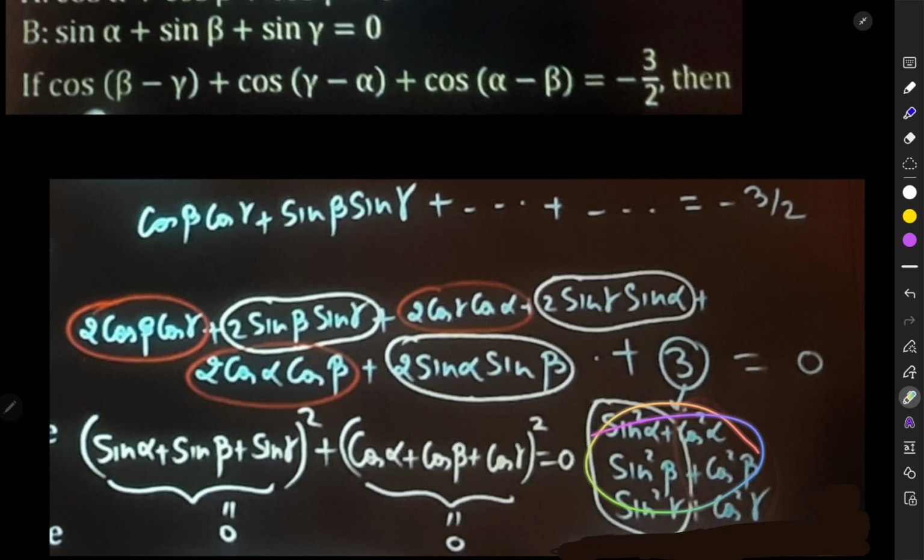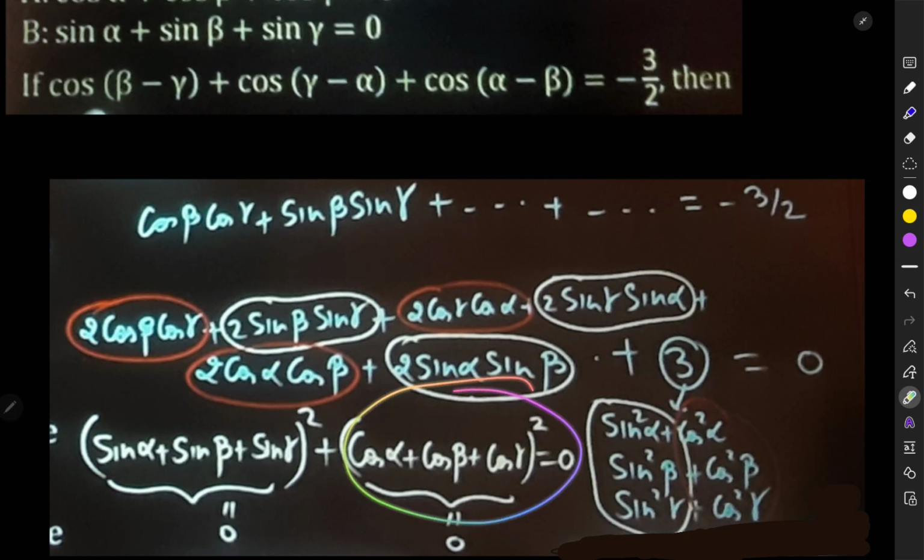And how did we come to this? Because you can clearly see 2 cos alpha cos gamma is there, right? So we get sin square alpha plus sin square beta plus sin square gamma whole square, plus cos square alpha plus cos square beta plus cos square gamma.